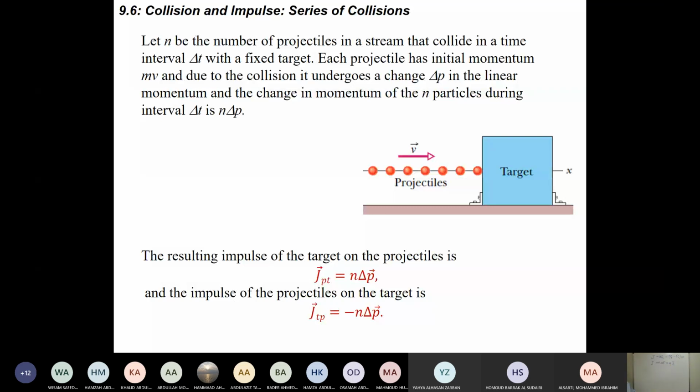The impulse of particle 1 times the total number of particles gives me the total impulse. This is the equation.